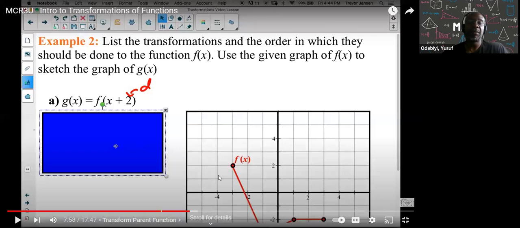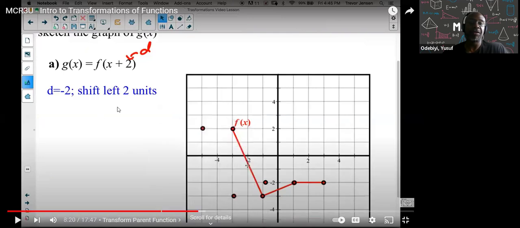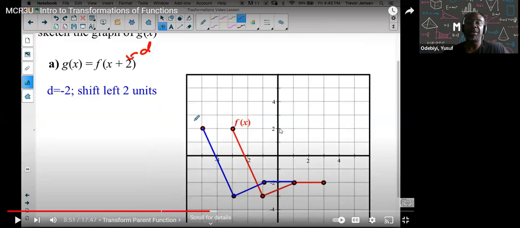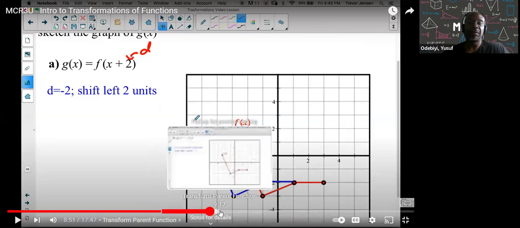So each point is going to move this way. All right, so it shifts to the left, and you can see now what it looks like in the blue. It shifted that way.